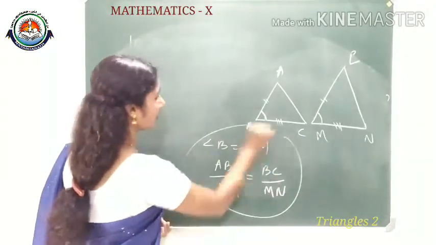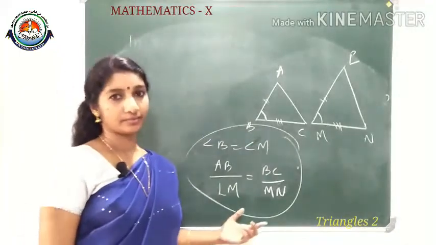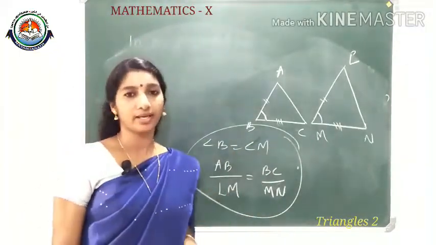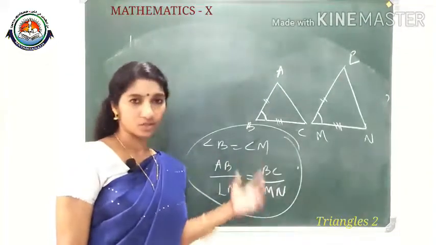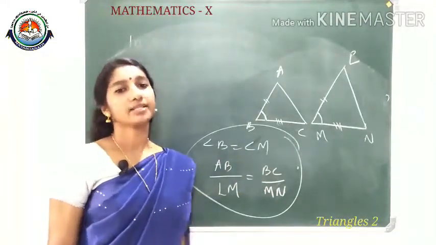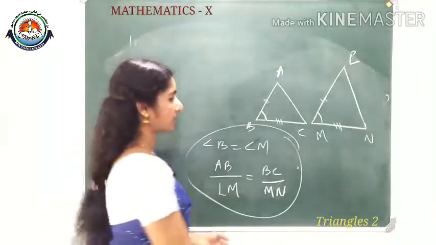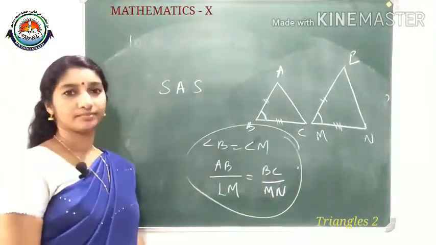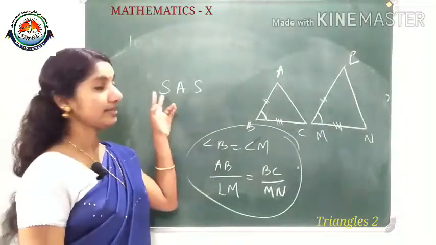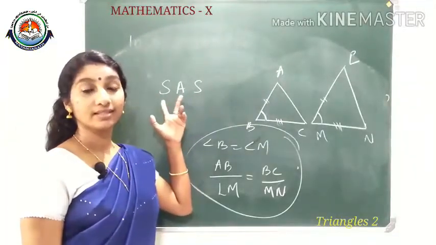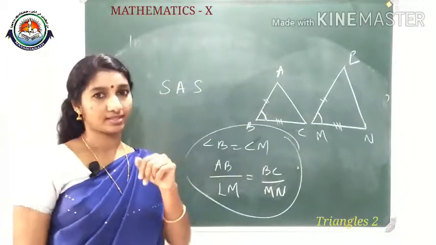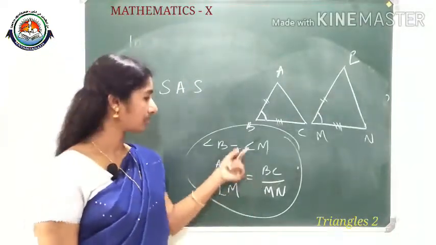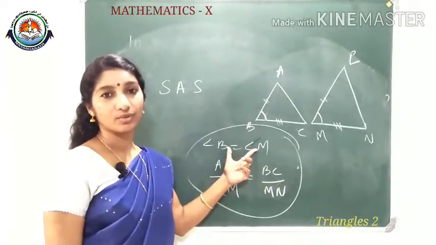If these two pieces of information are satisfied in two triangles, then we can say these two triangles are similar, and shortly we will write it as the SAS criteria. One angle equal, and the two sides including that angle have equal ratios, not directly equal sides.